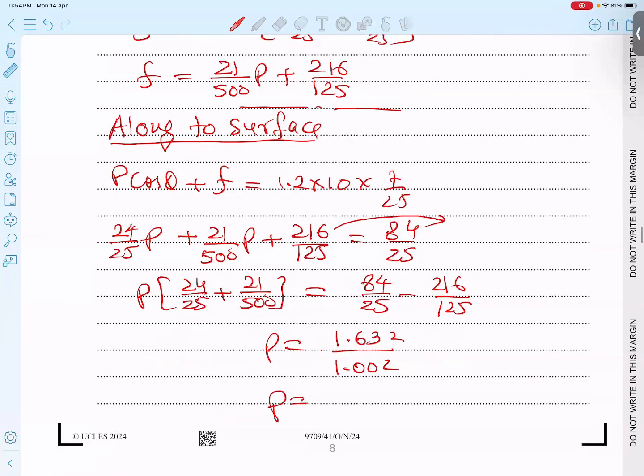And finally, I get the answer 1.632 divided by my previous answer, and the answer turned out to be 1.6287 after rounding, 1.63 newtons. I hope the idea is very clear.